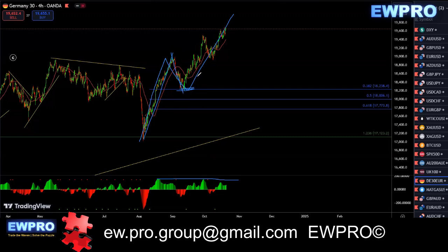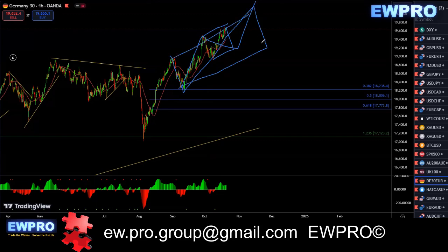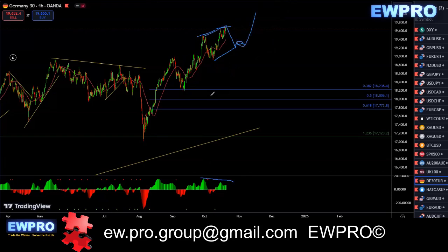So again, if you're not already on it, I wouldn't be looking to buy up here. We may get some sort of a flat in here and we get 1, 2, 3 up in here. And then possibly an A, B, C in here as a larger flat or something and more upside. But at this stage, we got bearish divergence between the two tops. So I'd be looking for at least a C down before I'd be looking for a buy.